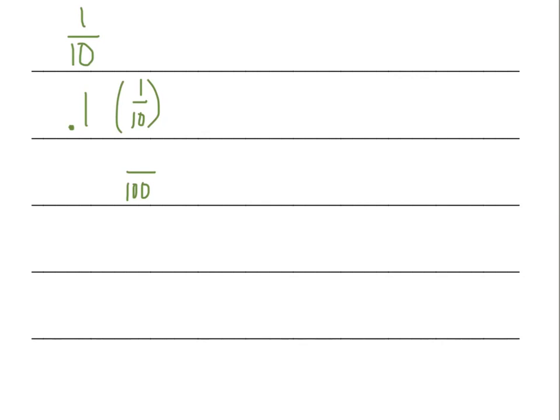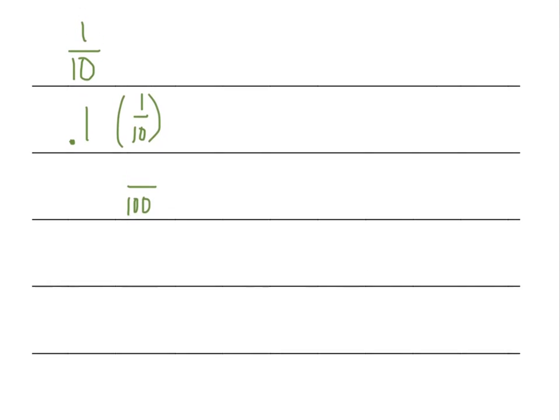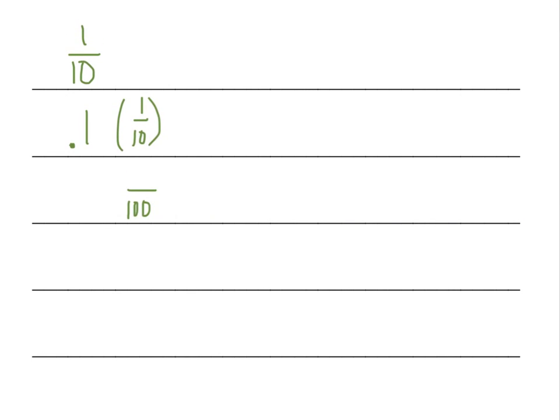So if we added the 0 to the denominator, we'd need to do the same thing to the numerator, and that would be our percent, which is 10%. So again, that's another one that you just need to be able to know. You don't have to figure anything out. You just need to know it and to memorize it.